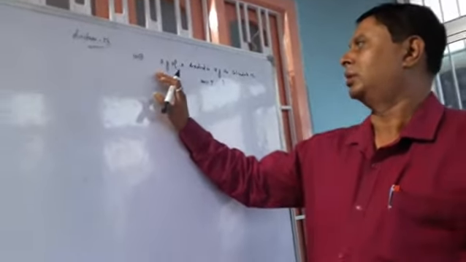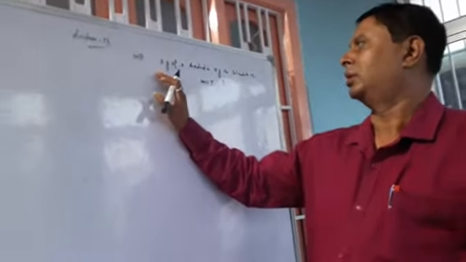clip. The question is that 2 gram of A is dissolved in 18 gram of H2O. Calculate the mass percentage. As we know, mass of solution is equal to mass of solute plus mass of solvent.